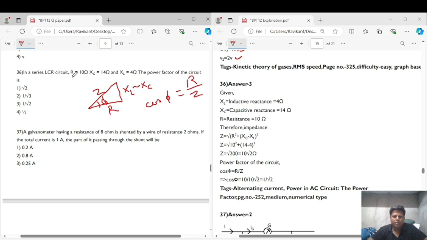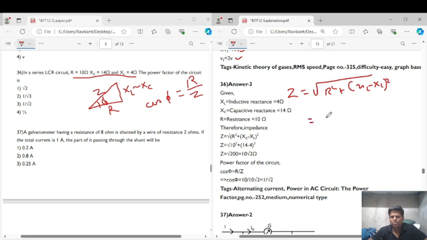So according to the data given in the question, Z will be equal to under root of R square plus XL minus XC whole square. So this is equal to under root of R square, which is 100, plus XL minus XC, which is 10, whose square is again 100. So this will be equal to 10 root 2. Z is equal to 10 root 2 and R is 10.